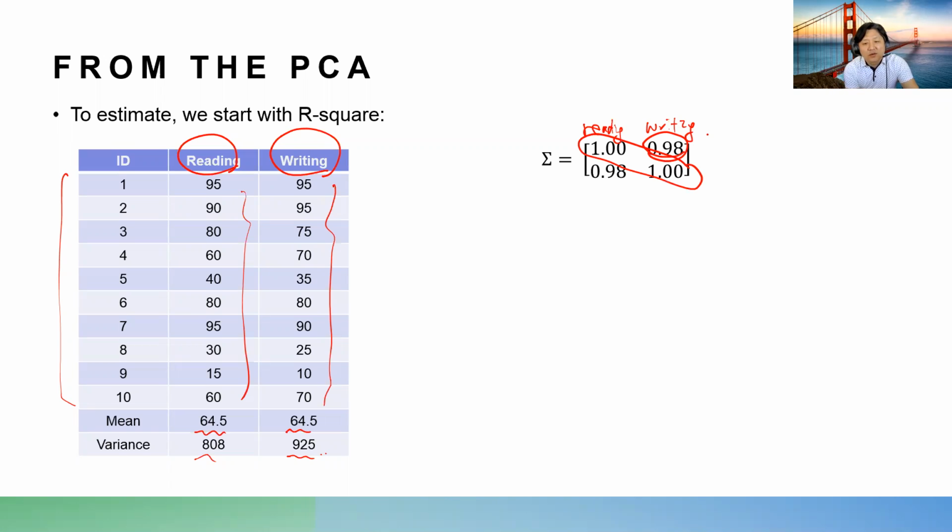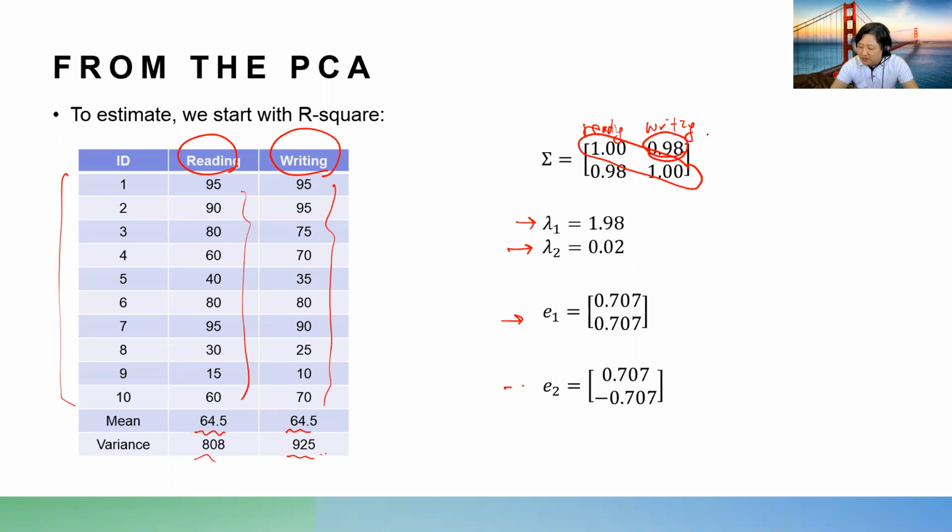Using this correlation matrix, I got the eigenvalues. My first eigenvalue is 1.98, and the second eigenvalue is 0.02. I can also get the corresponding eigenvectors, right here, and then I can get the PC scores.